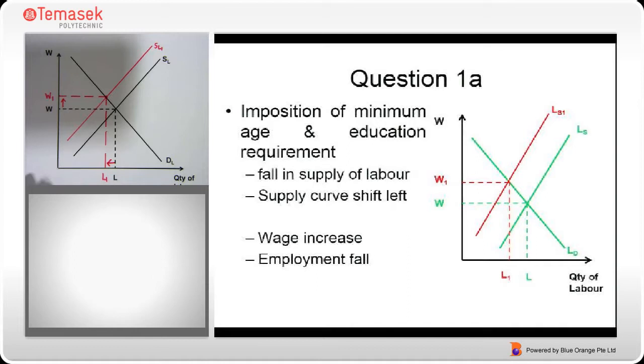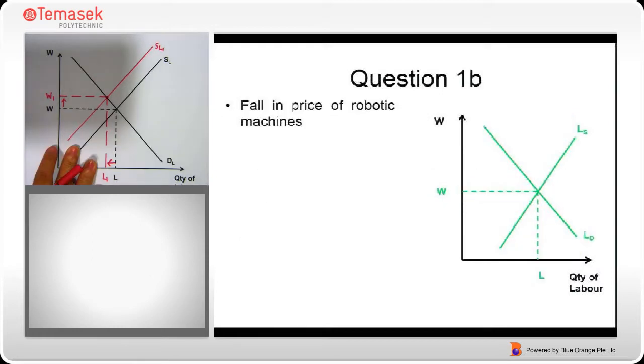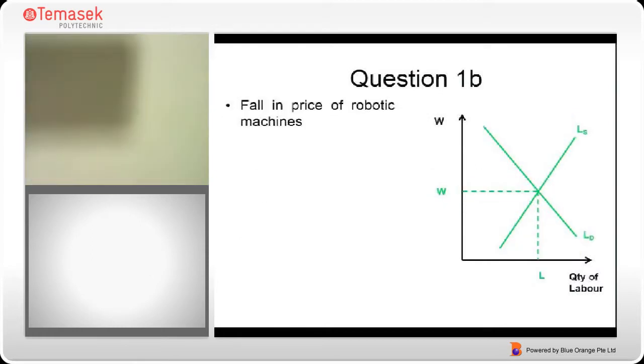For question B, we'll be looking at a fall in the price of robotic machines used in assembling electronic goods for the case of the labor market for production workers. So likewise, we have a cause that is given, a fall in the price of robotic machines.